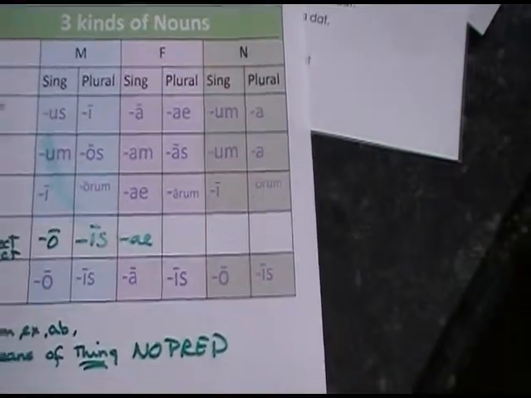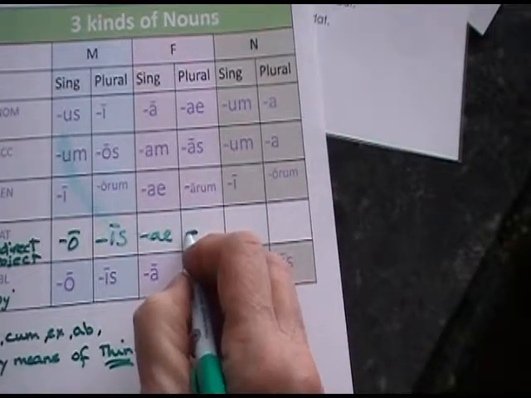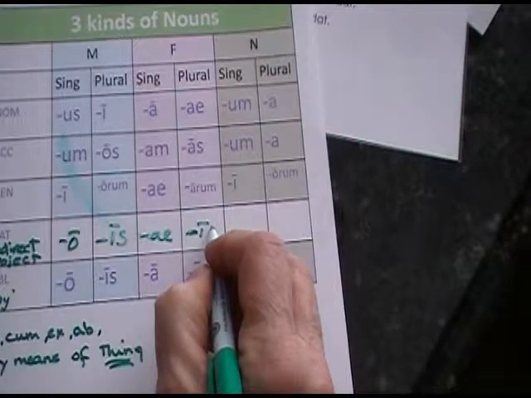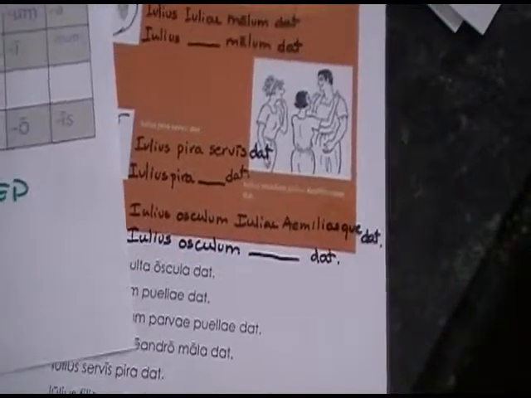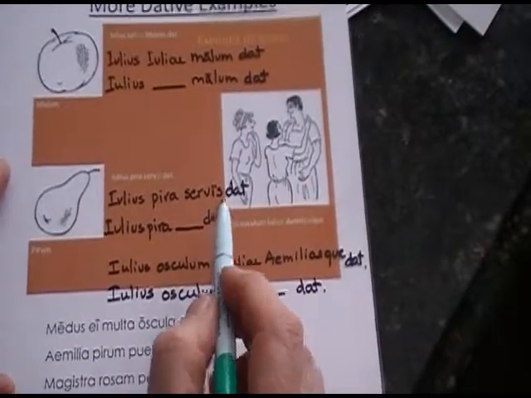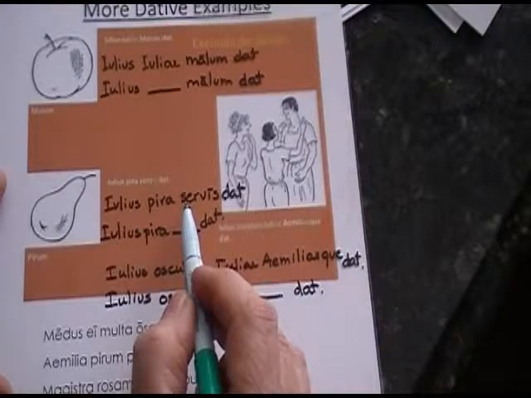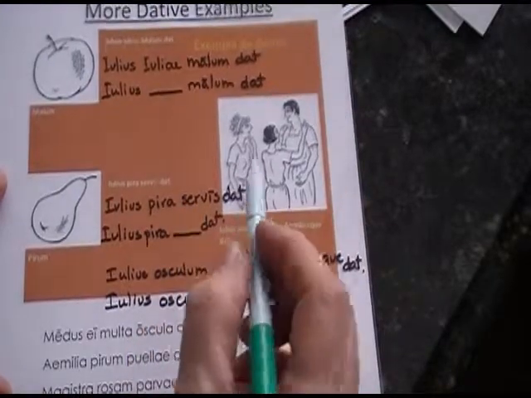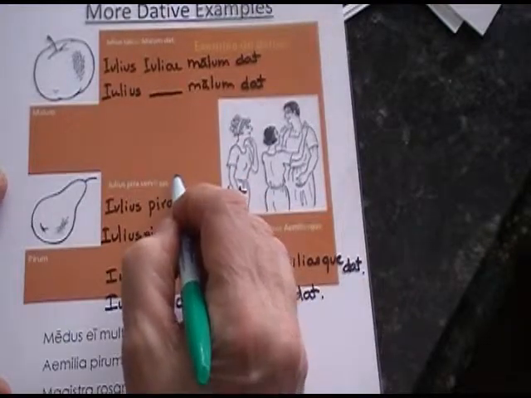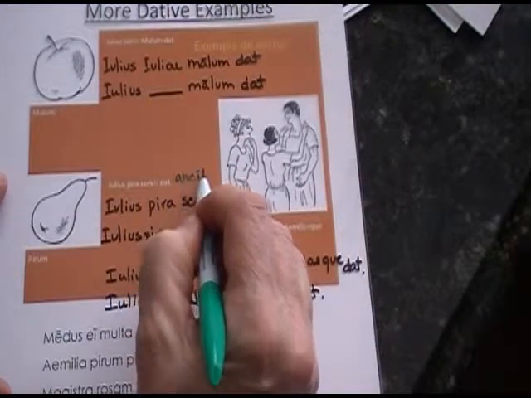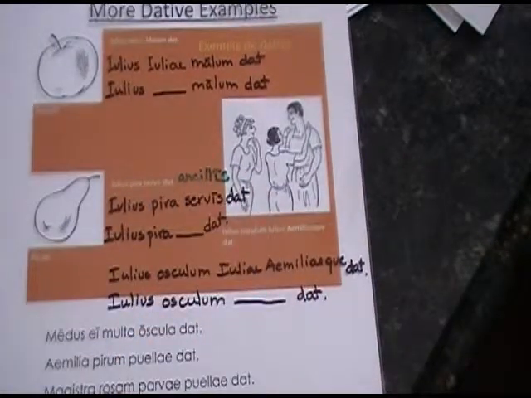Okay, and actually I will tell you that the ending here for plural feminine objects is also is. If Julius gave pears to ancillae, more than one ancilla, it would be ancillis for the plural. So ancillis for the feminine plural.